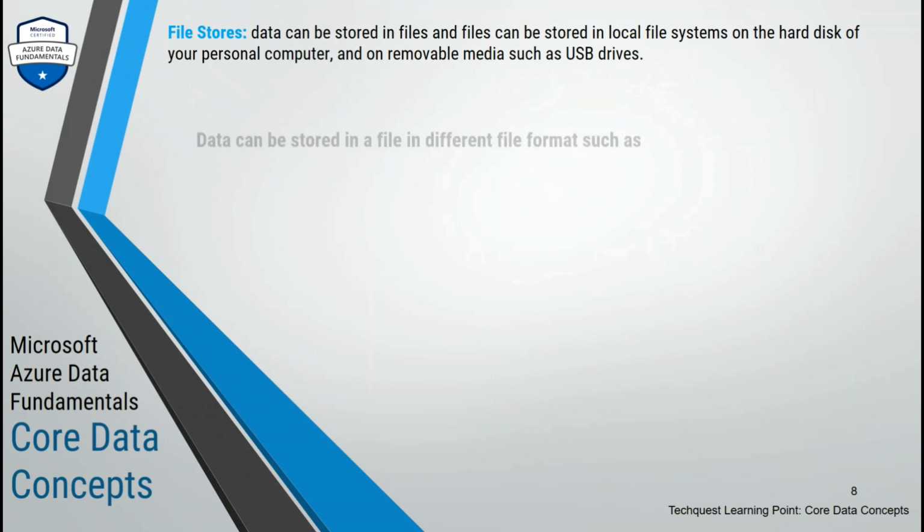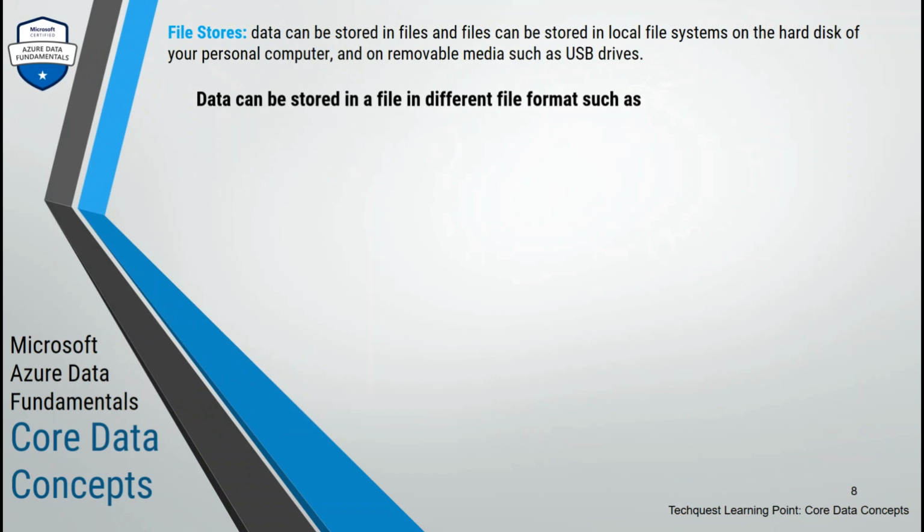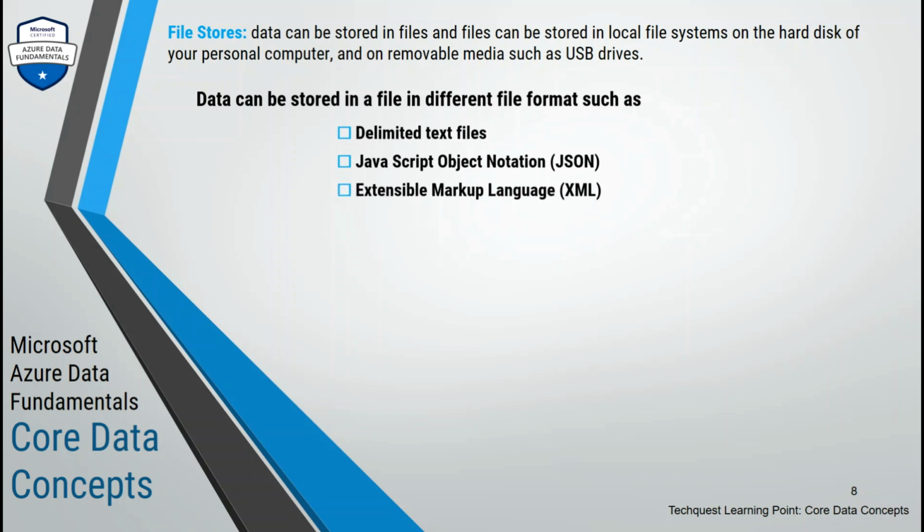Data can be stored in a file in different file formats such as delimited text files, JavaScript Object Notation (JSON), Extensible Markup Language (XML), binary large object (blob), and optimized file formats.